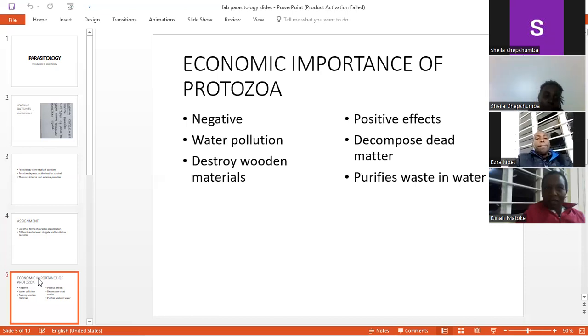I want us to move to the economic importance of protozoa. Protozoa is also a type of parasite. In this case, we want to base on both negative and positive effects that protozoa have on the host.